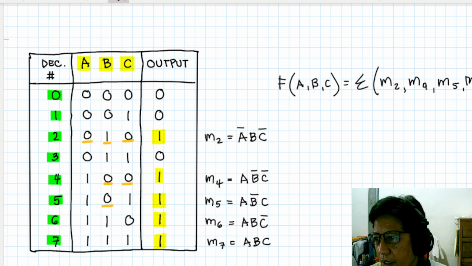So this is now equivalent to A prime, B, C prime plus A, B prime, C prime plus A, B, C prime.